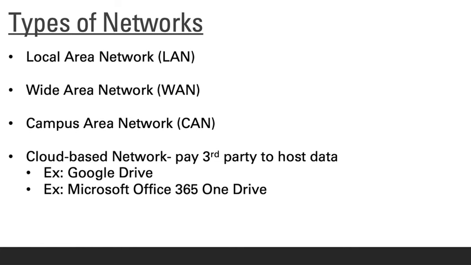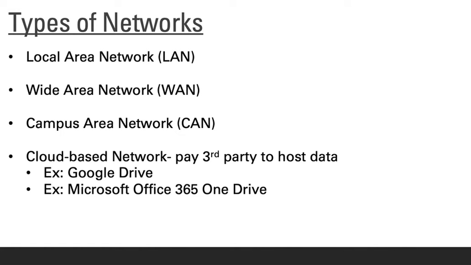Naming networks is based on size and scale. The first scale is the local area network, also referred to as a LAN. A LAN is what a network is in your school building or office. Now, we also have a wide area network. Now, this could be referred to as connecting different LANs in buildings together.